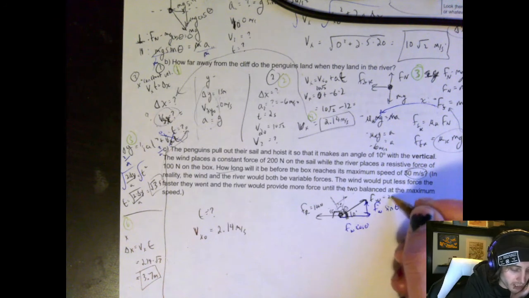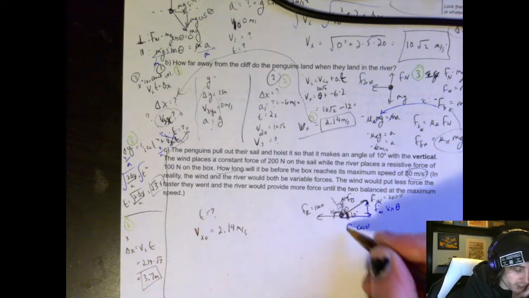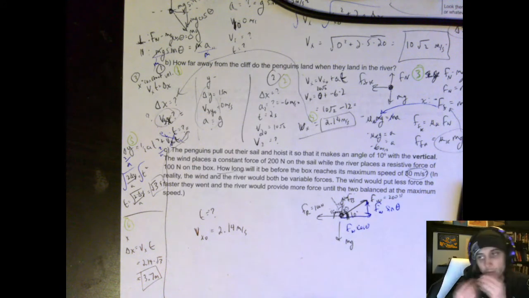We know that the force from the wind is 200 newtons. There's going to be some buoyant force. If you said normal force, that's fine. And some force of gravity going down. It's not a big difference between buoyant and normal. They'll function very similarly. It's just that it's floating, so the fancy word for that is buoyancy. So that's our free body diagram for this one.